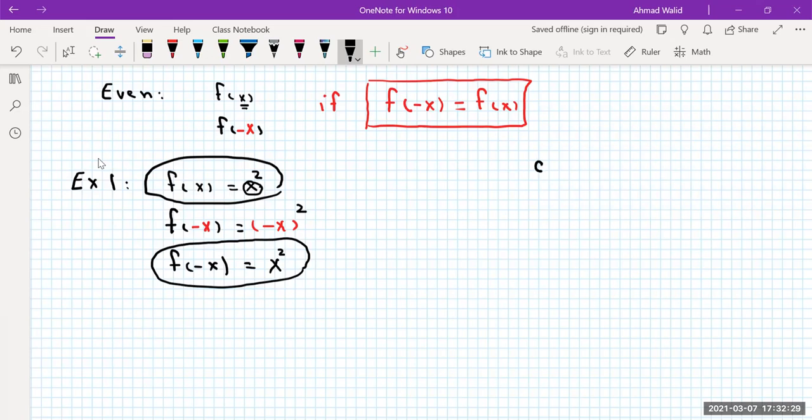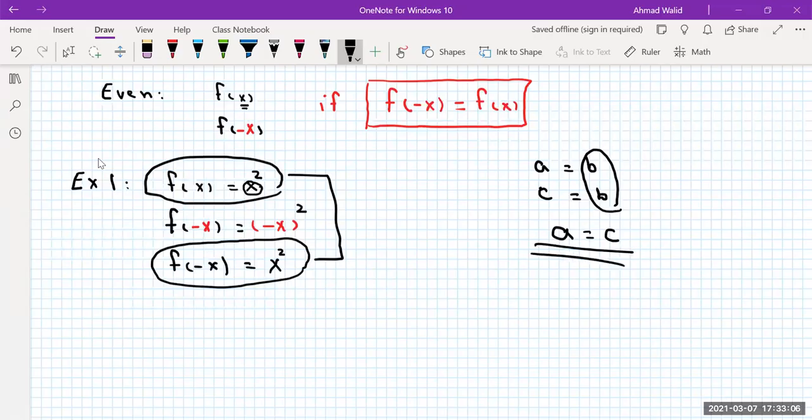If you have two equations, for example, A equals B, and you have another one, for example, C equals B, if one side of these two equations is equal, it means the other side is also equal, and you can write A equals C. Look at these two equations. In f of x equals x squared, your right side is x squared. In f of negative x equals x squared, the right side is x squared.